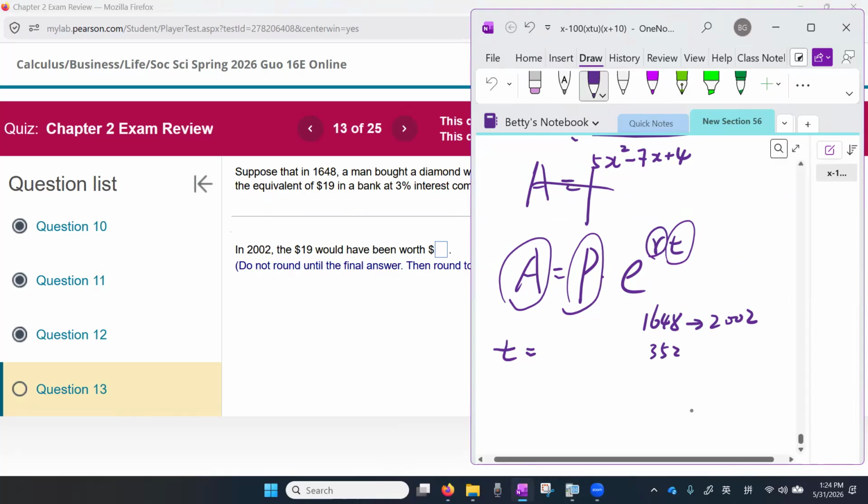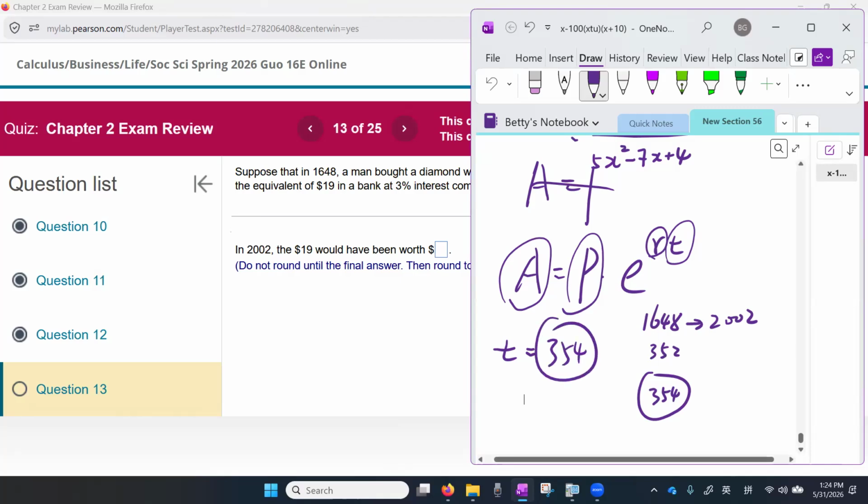You start with 1648, and that is 352 years away from 2000, right? And 2 more years gets you to 2002. Or you can just use 2002 minus 1648. Yeah, let me double check. 354. Okay.